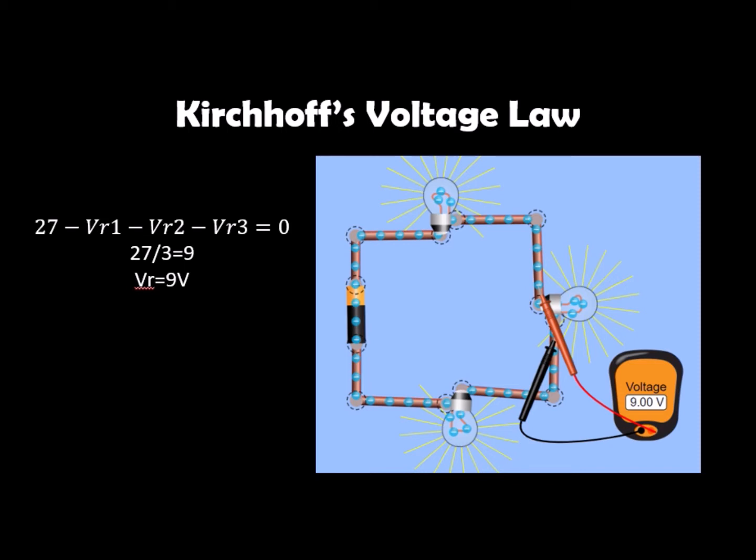So we're going to use 27 minus the voltage of resistor number 1, which is the light bulb, minus the voltage of resistor number 2, minus the voltage of resistor number 3, which gives us 0. Then we divide 27 by 3 and it gives us 9. So we can prove it using Kirchhoff's voltage law, and the voltage of each light bulb is 9 volts.